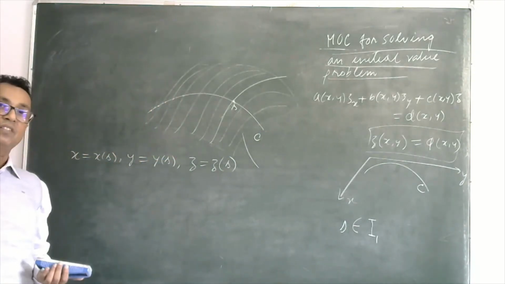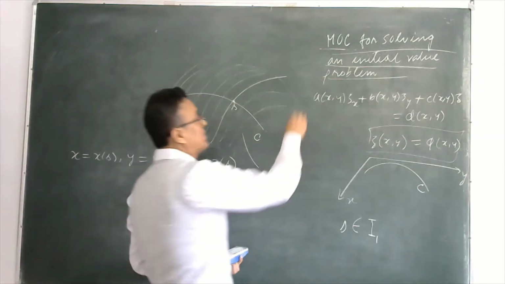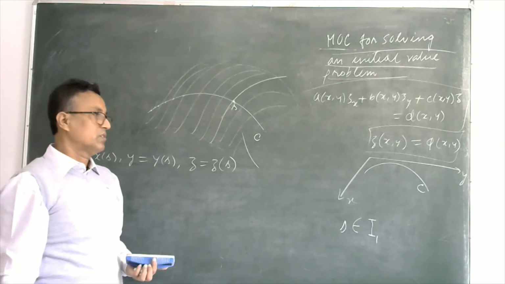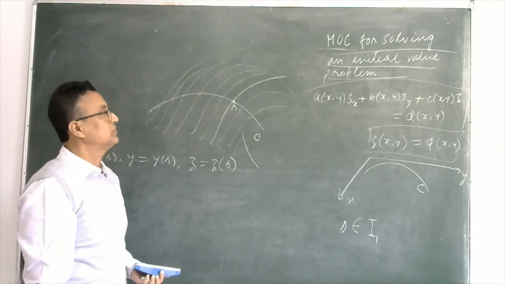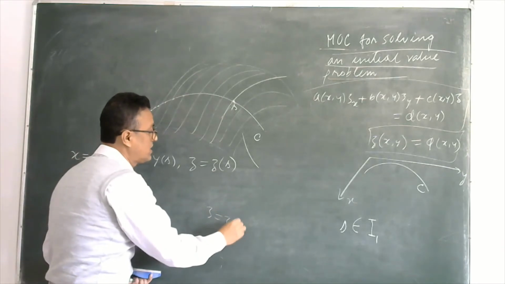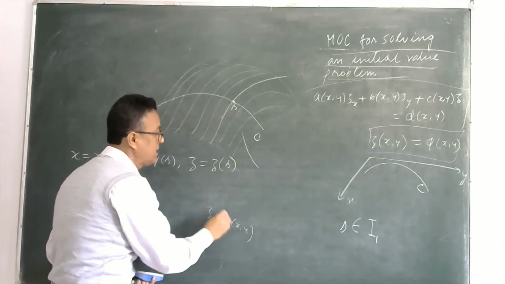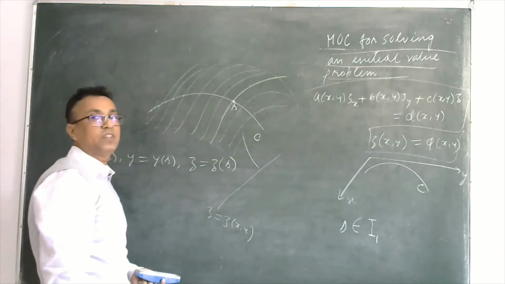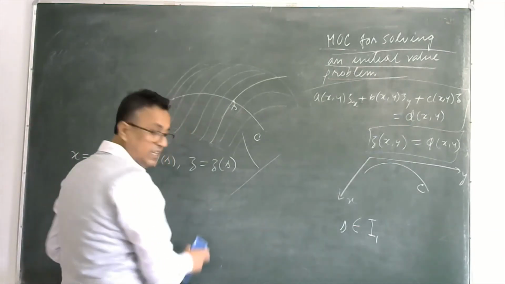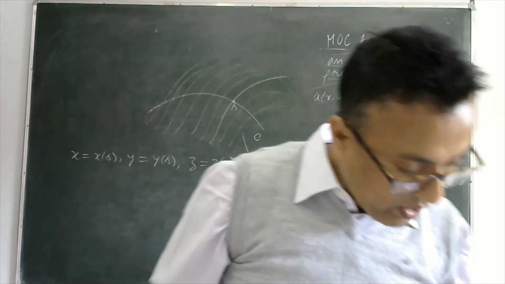And that surface is nothing but the integral surface corresponding to this equation. That surface is going to be given by some function z equal to z(x,y), and that is going to be the solution of that initial value problem. Is it okay? Fine. So now let us see how we go about it.